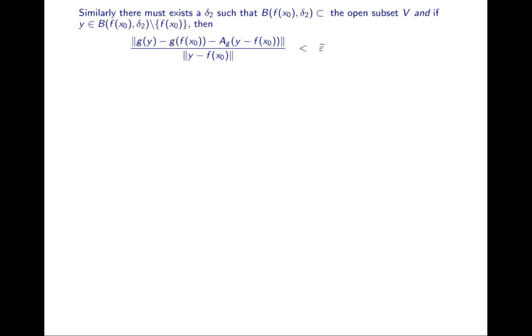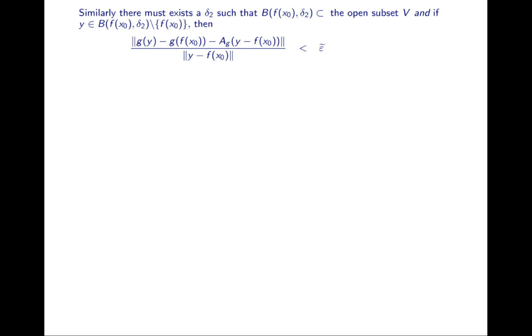And for the same reasoning, because g is differentiable at f of x naught, there exists another delta 2, so that the ball centered at f of x naught with a radius of delta 2 is contained in the open subset V. Why?